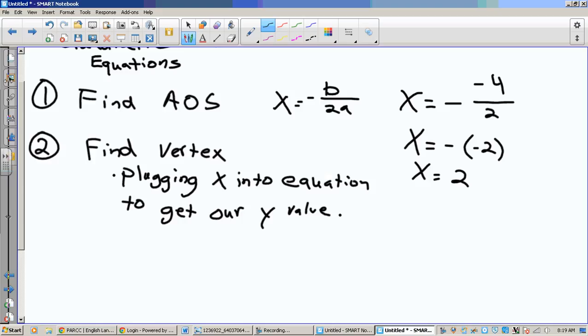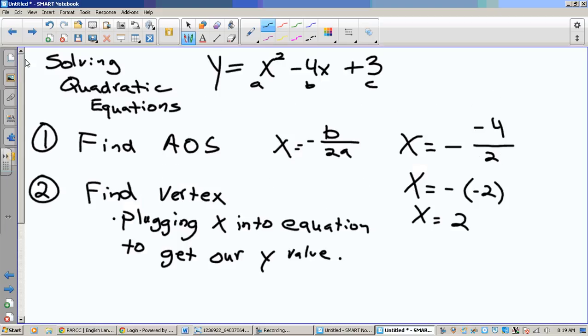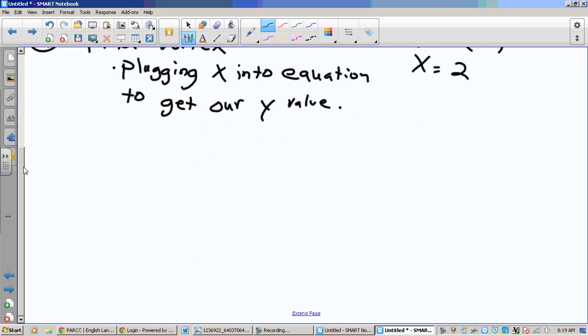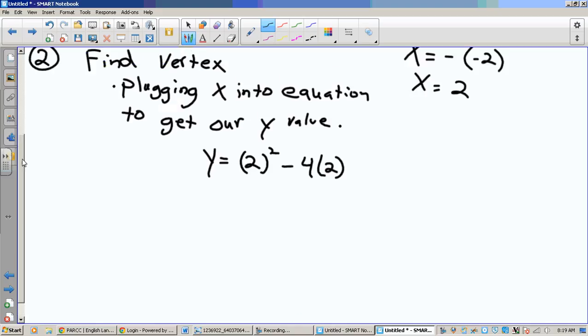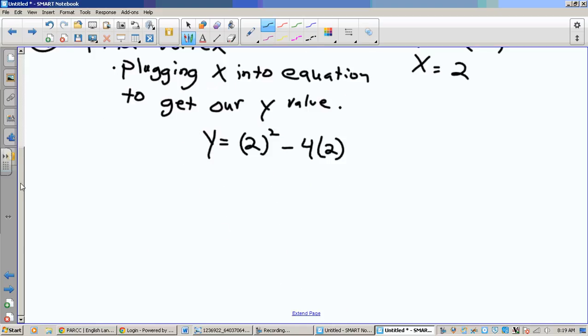Okay, so I do that. I'm going to say y equals x squared, so in this case x is 2, minus 4 times 2, was that minus or plus 3? Plus 3. So we've got y equals 4 minus 8 plus 3.